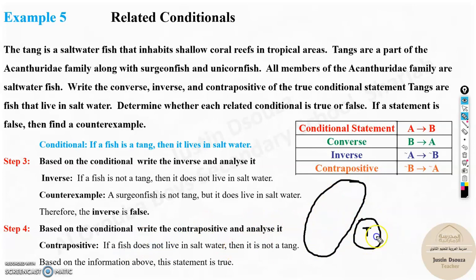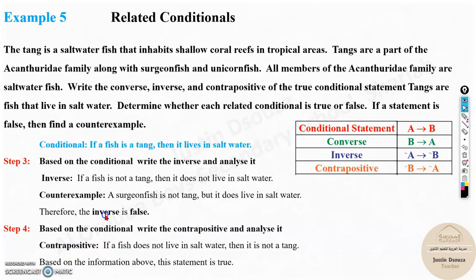If the fish does not live in salt water, that means you're choosing a fish from fresh water over here. Then will it be a tang? No, this cannot be a tang because tang is only in the salt water. So whenever you choose a fish that is not in the salt water, then it cannot be a tang. Yes, that is true. So this contrapositive is true over here.